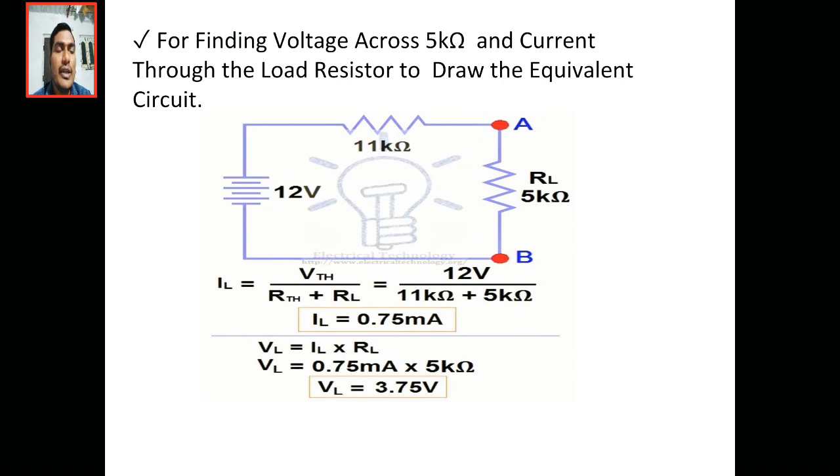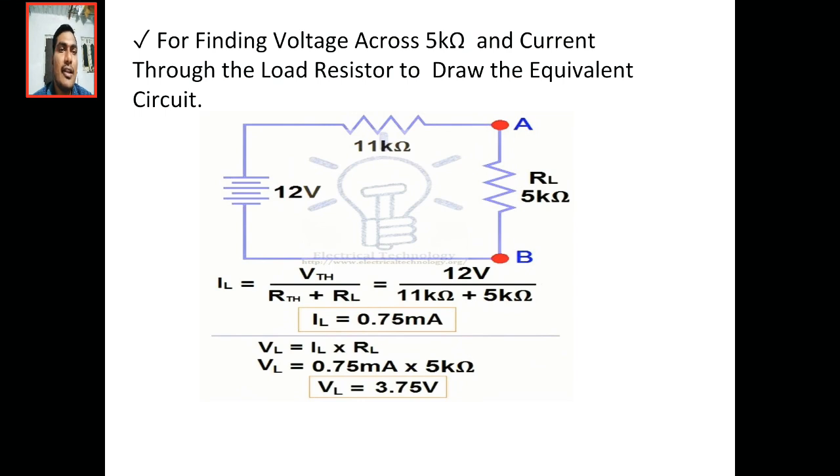To find the voltage drop across the load, VL is equal to IL into RL, meaning the current flowing through the load times the resistance of the load. That gives the voltage across the load. In this way, we find the current through the load resistance and the voltage drop across the load resistance by using Thevenin's theorem.